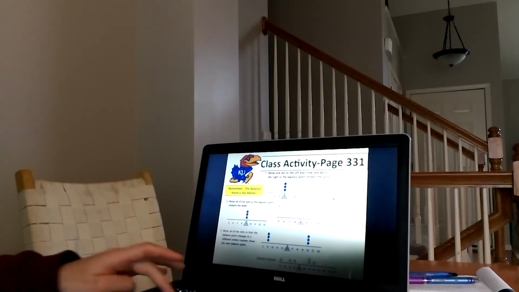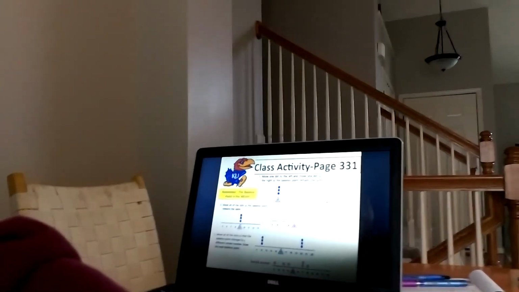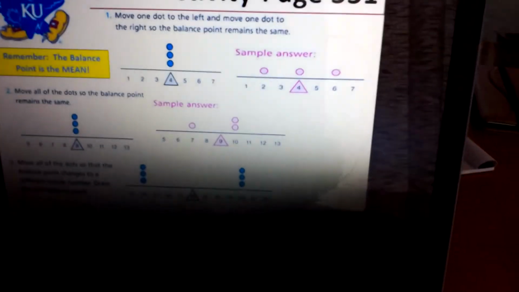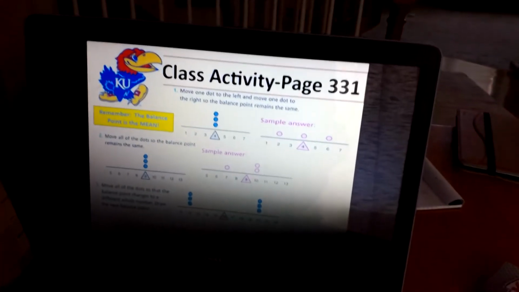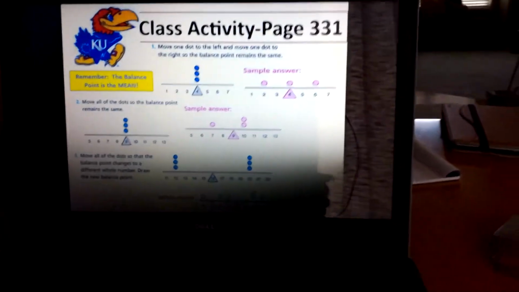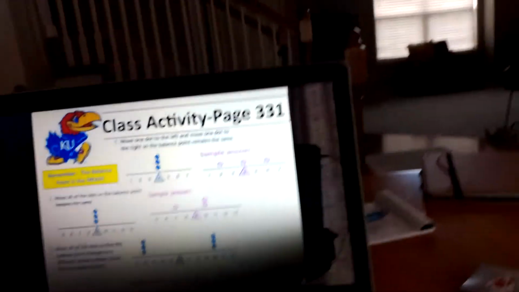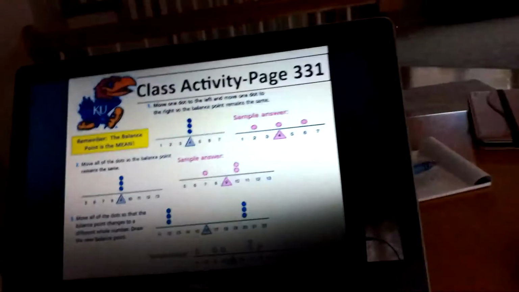On the PowerPoint, they made it kind of complex. I'll zoom in here. What's happening? I can't see. Okay, well, my computer's really dark, so I don't know.